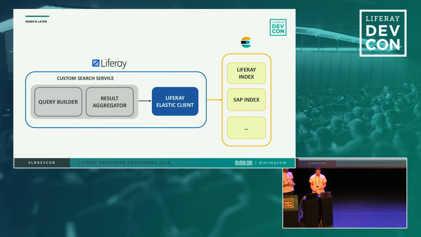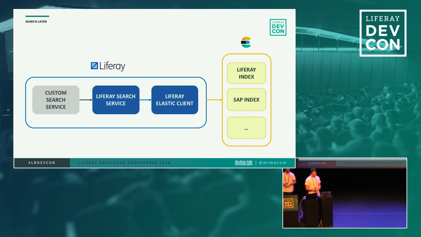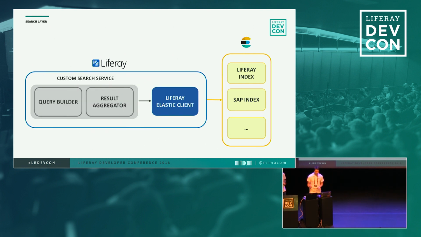For example, we tried to use the Liferay search service in the middle, which at the end uses the Liferay wrapper for the Java Elastic client. At the beginning, we only tried to make a custom part before the Liferay search service, but we wanted a much more custom solution.